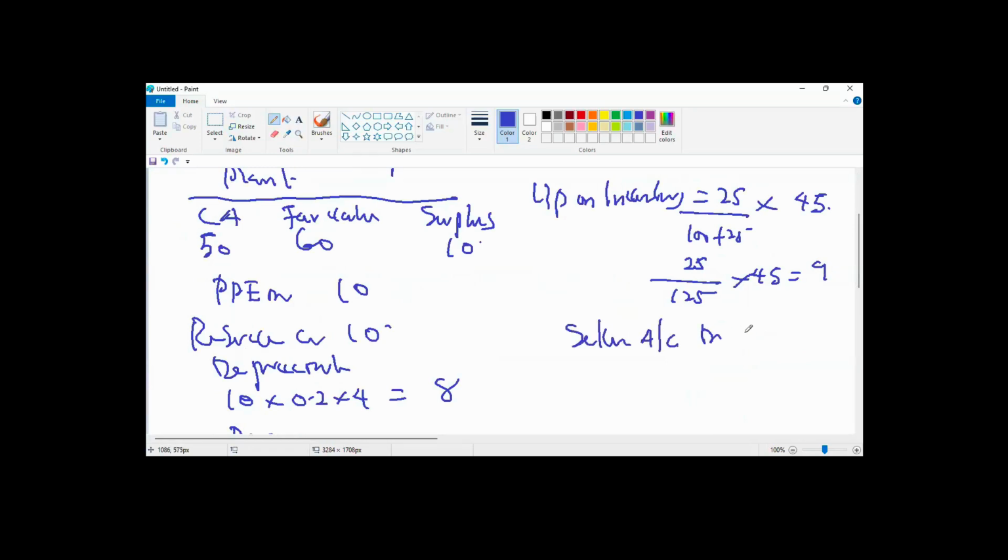Accounts. Debit consolidated. Credit. I'll go and post. Who is the seller? Parents sell to subsidiaries.